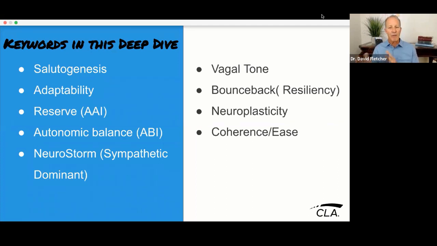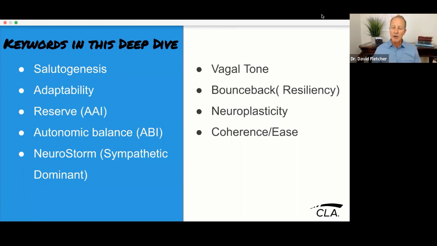We're going to reference vagal tone. We're going to introduce a concept of resiliency, as we name it, through bounce back, and that's going to tie very nicely into the AAI reserve. Obviously, we're going to be dancing around the concepts of neuroplasticity.